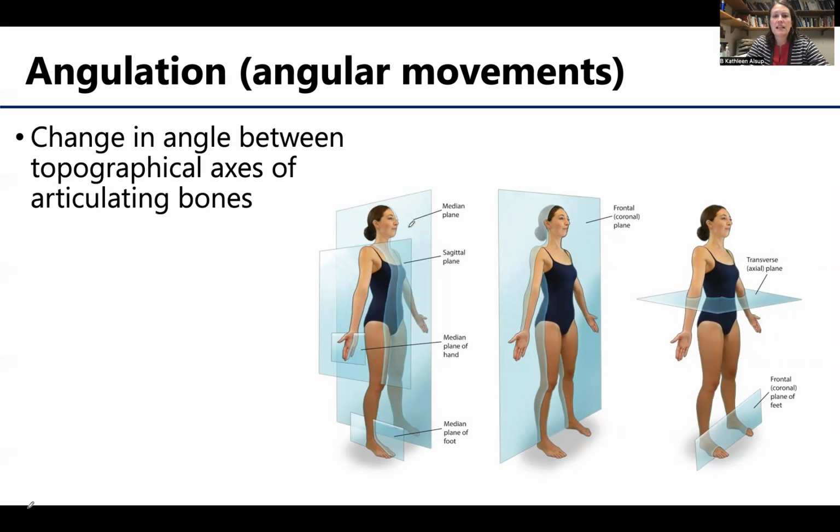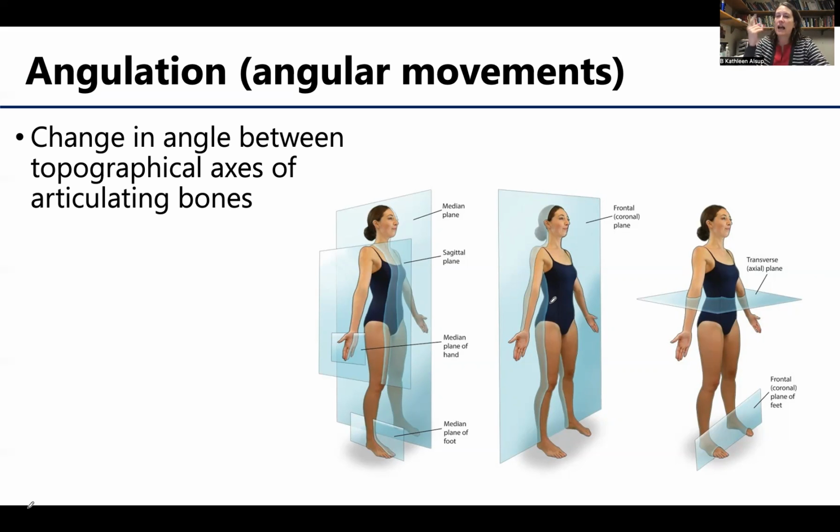If you think the median plane, this is kind of going right down the midline region. It's going to split the body into right and left halves. And then you can have multiple sagittal planes that are kind of on either side of that. So think a vertical plane here. A coronal plane or frontal plane, you'll hear it either way, will split the body into anterior and posterior parts.